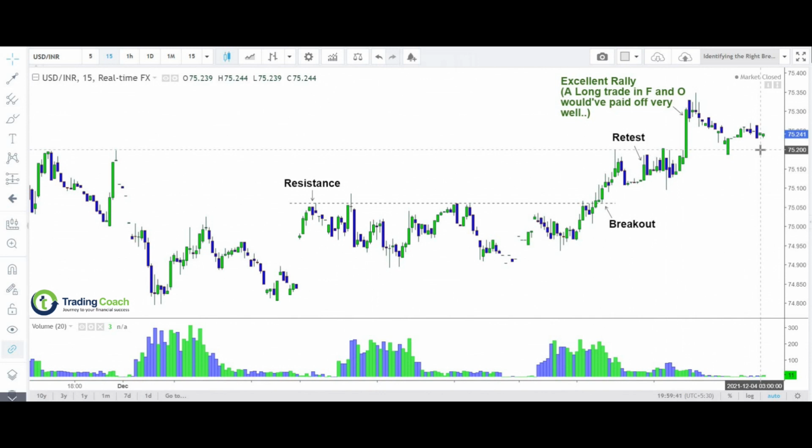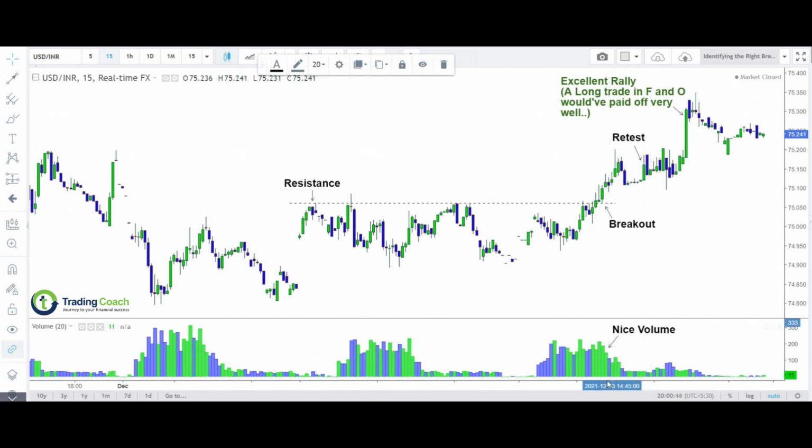But nevertheless, if you look at this overall setup, you can understand that what made this setup very successful is the volume, right? Right at the spot of the breakout, you can see a very good increase in the trading volume. You can see all these green color histograms, which indicate a very strong inflow of buying pressure.